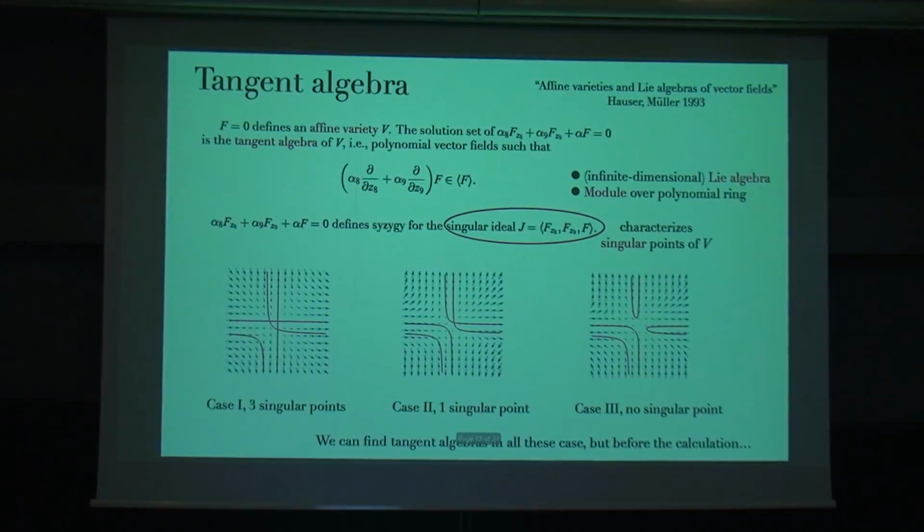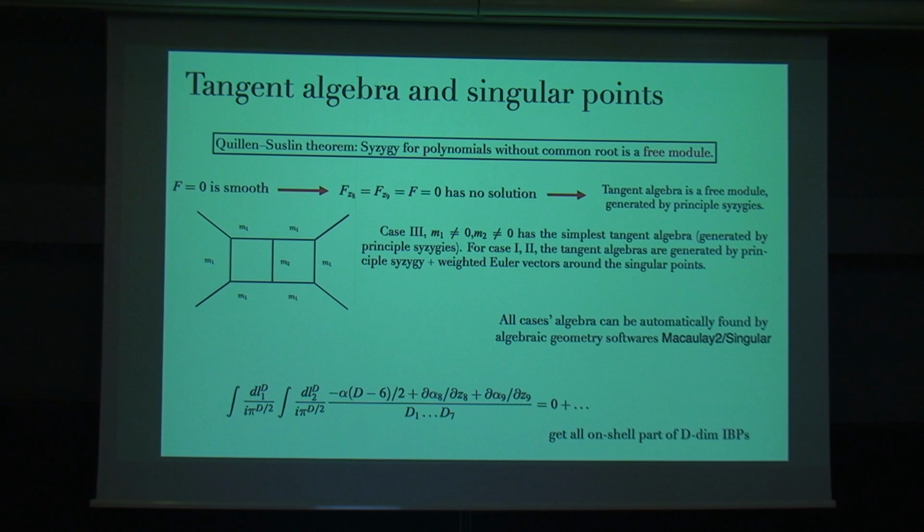Now the question is, how do you find the tangent vector fields of this curve? Again, intuitively, if the curve is smooth, it's quite a simple question, a differential algebra. Only when you have some singular points, it's more complicated. So let's translate everything to algebraic geometry language.